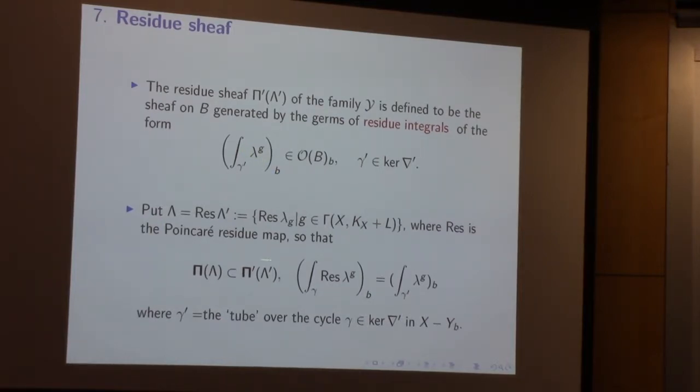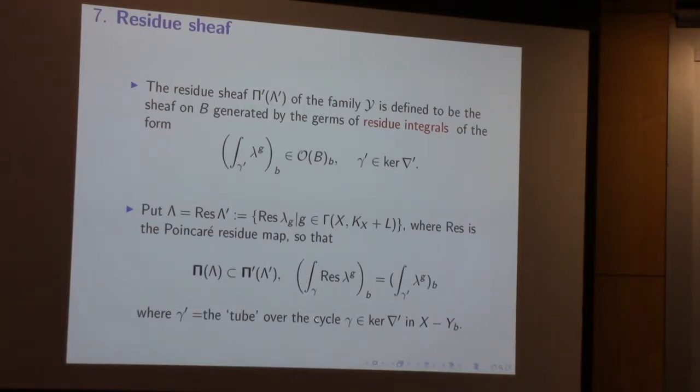So therefore, you can pass between the two spaces. From this space of meromorphic forms, you get a space of holomorphic forms on the fiber via this Poincare residue. So in effect, this Poincare residue allows you to get a canonical embedding from the period sheaf to the residue sheaf. There's this formula, this identification.